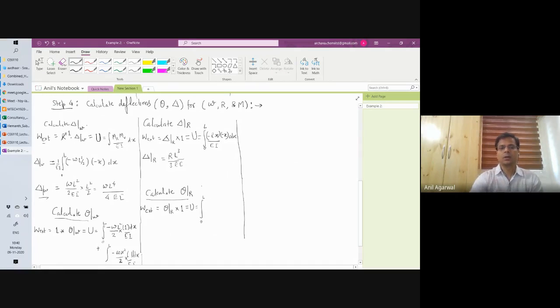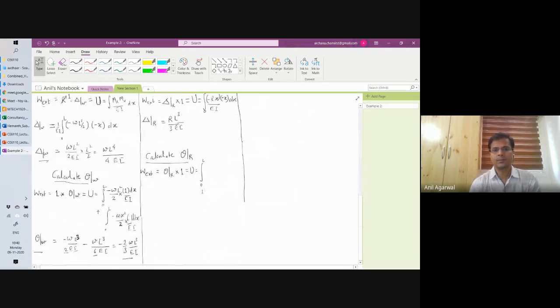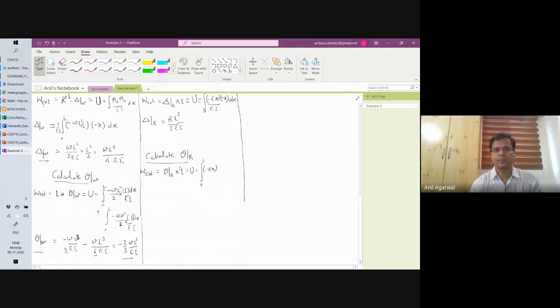The vertical member had a bending moment of minus Rx, and the virtual moment is plus M, so plus 1, because M is equal to 1 here. dx divided by EI, and that gives me theta because of R equal to, R will come out, minus X, so X square by 2, L square by 2, so minus R L square by 2 EI.